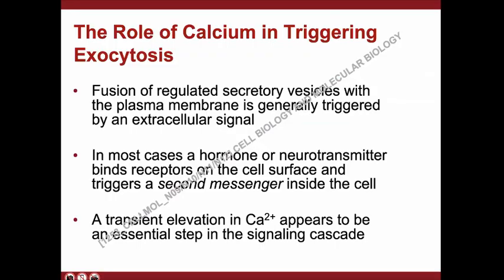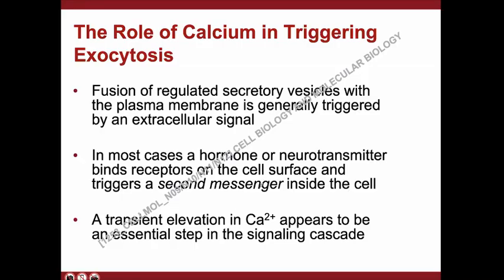Fusion of your regulated secretory vesicles with the plasma membrane is generally triggered by an extracellular signal. In most cases, a hormone or neurotransmitter binds receptors on the cell surface and triggers a second messenger inside the cell.